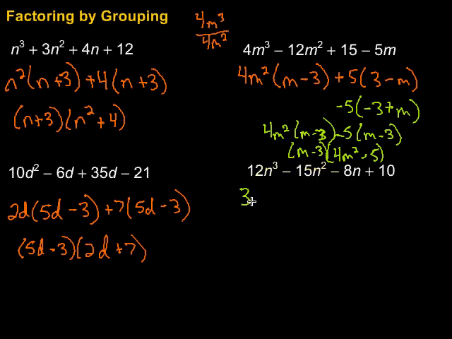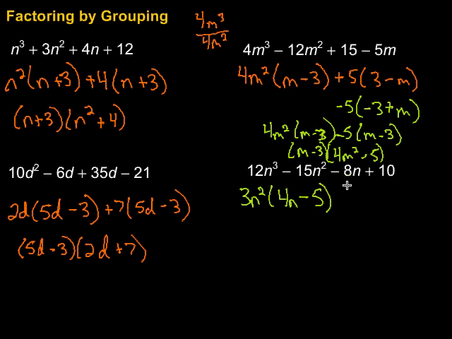Then n to the third, n to the second. What do they have in common? N to the second. Then I'm going to divide this. 12n to the third divided by 3n to the second is going to leave me with 4n. Then minus 15n squared divided by 3n squared is going to give us minus 5. Okay? So we've got that.